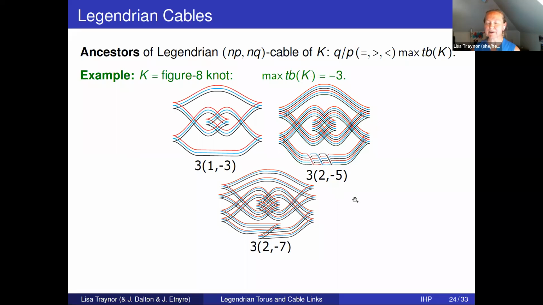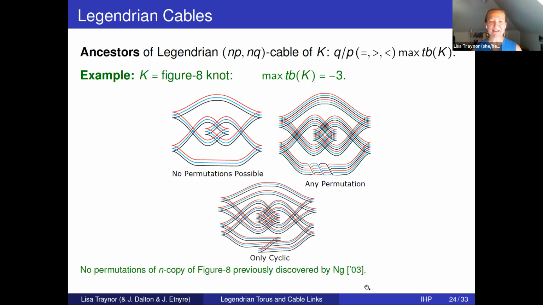When the slope is greater, say -5/2, I get this sort of ancestor. When the slope is less, I get this ancestor. You can see these greater-than and less-than cases mimic the constructions we saw for positive or negative torus knots and links.